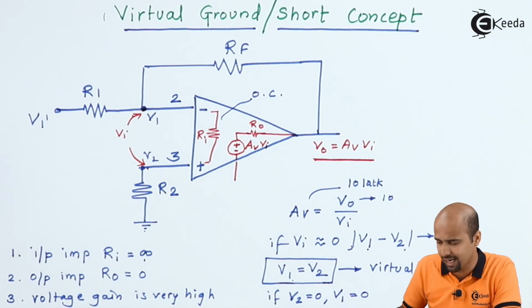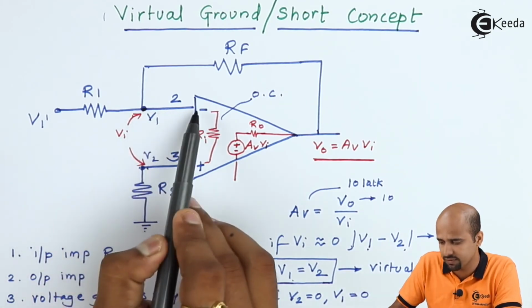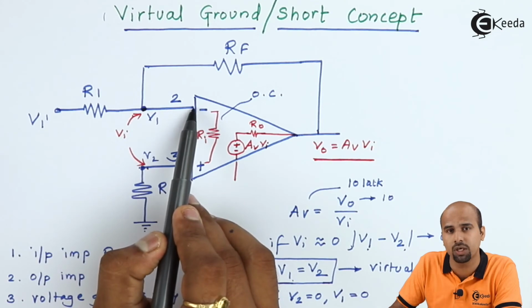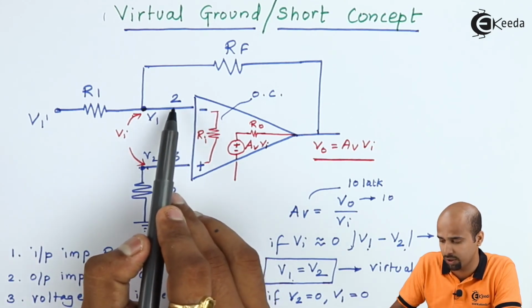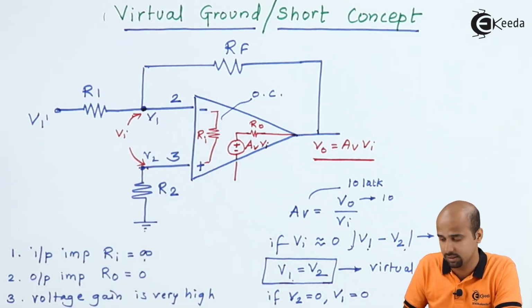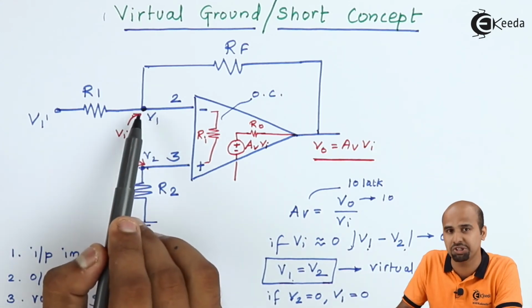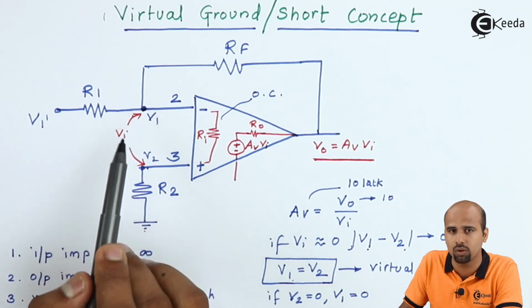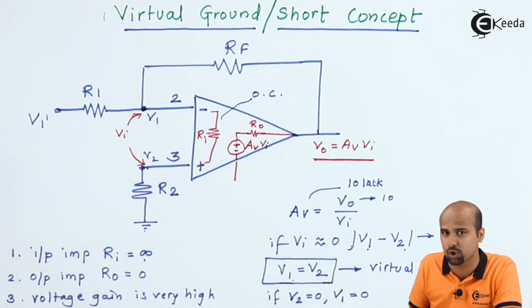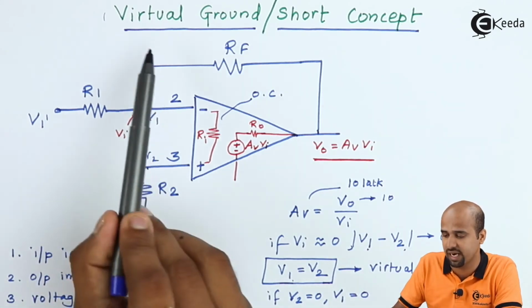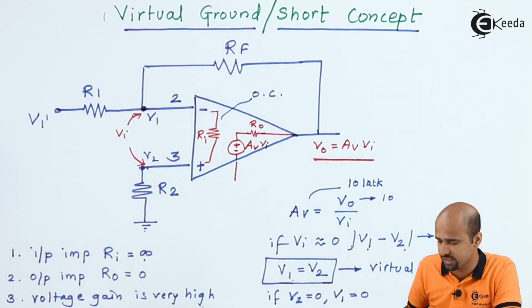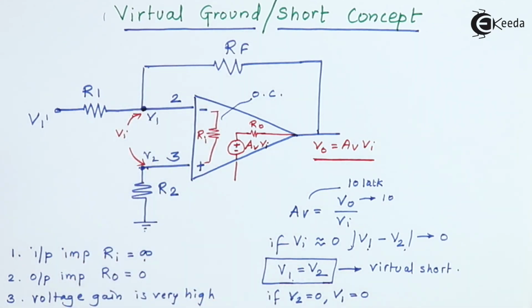Now V1 is connected with the inverting input terminal of operational amplifier, pin number 2, and it has potential equal to 0, that means it is actually connected to ground, but it is not physically connected to ground, and that is why we are saying that this is the virtual ground concept when V2 is equal to 0.